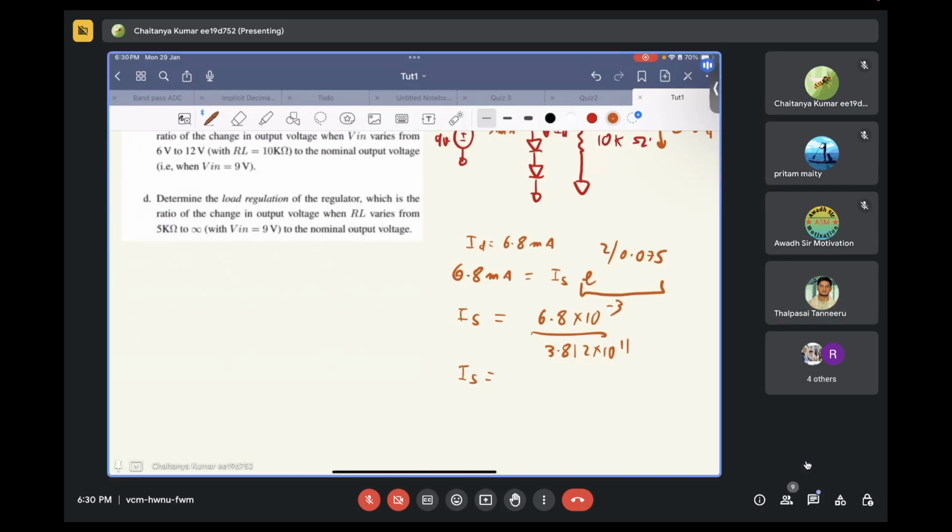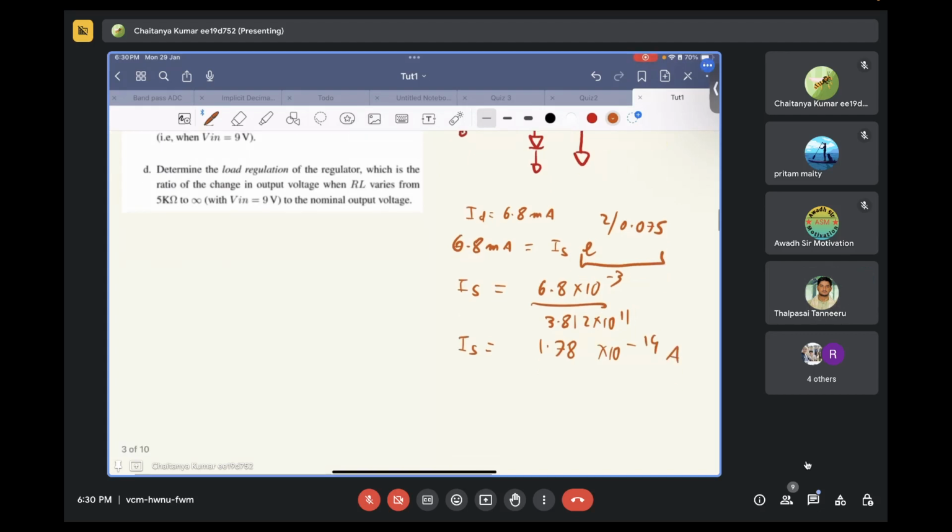So 6.8 divided by 3.812, that comes to 1.78 into 10 to the power minus 14 amperes. So it won't be picoamperes, it will be 17 femtoamperes. It will be 17.8 into 10 to the power minus 15, correct?